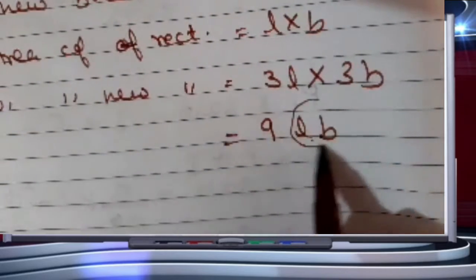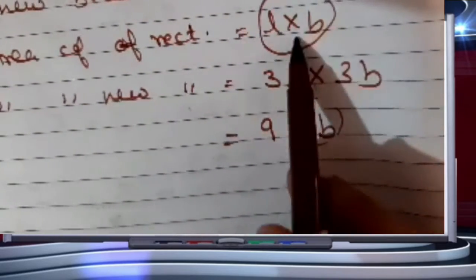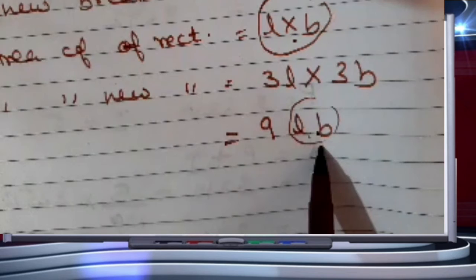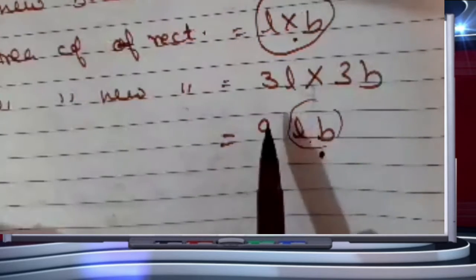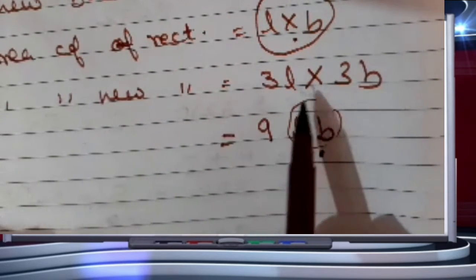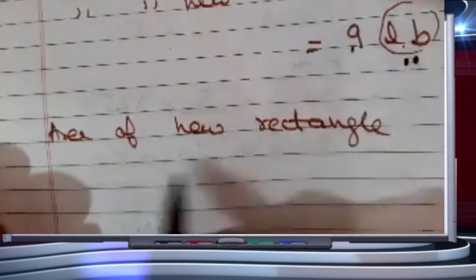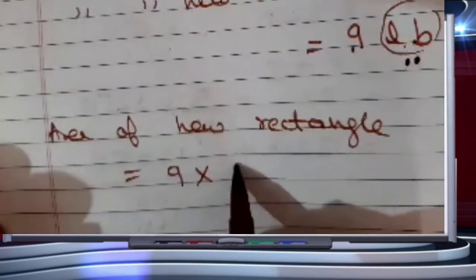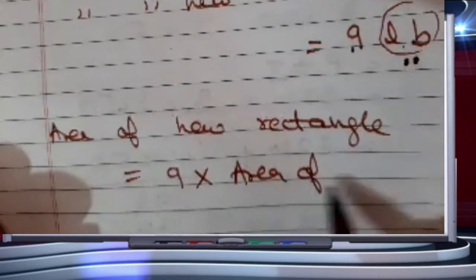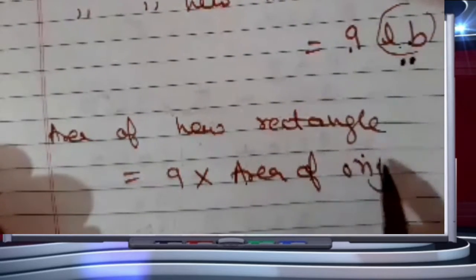So here this LB is the area of the original rectangle. So it will become 9 times the area of the original rectangle. So how I will write? Area of new rectangle will be 9 times the area of the original rectangle.